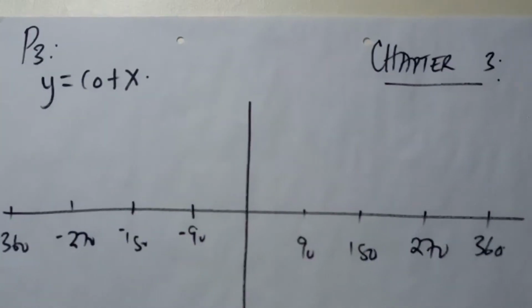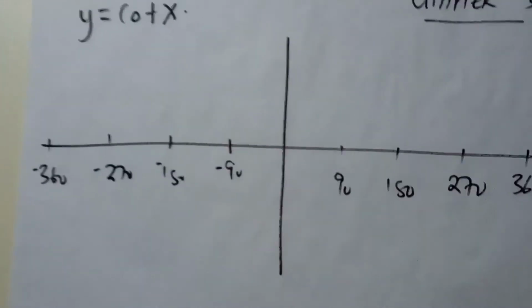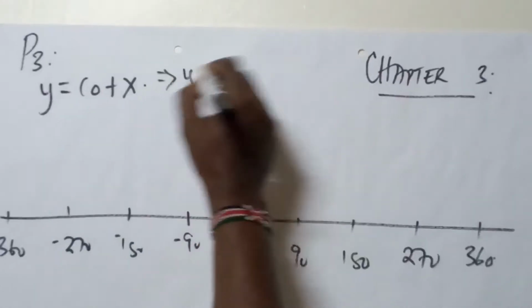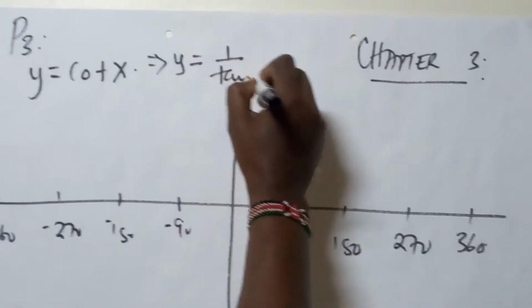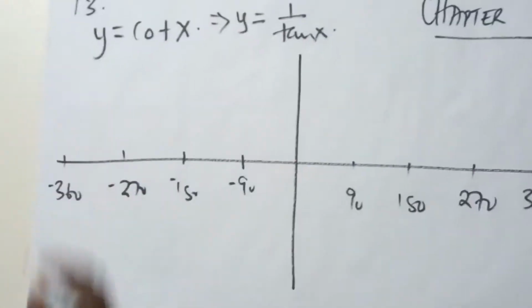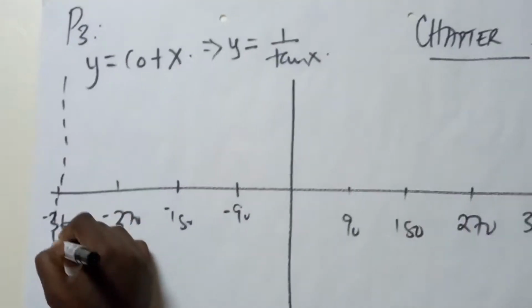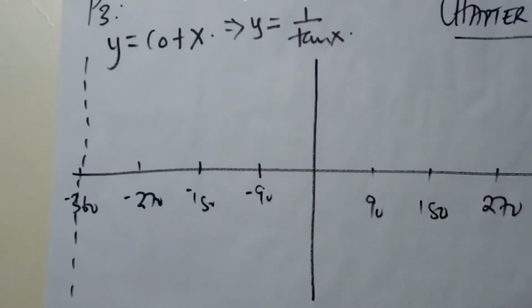The tangent of negative 360 is 0. The tangent, because y is equal to 1 over the tangent of x. If the tangent of negative 360 is 0, then we can prepare for an asymptote there.